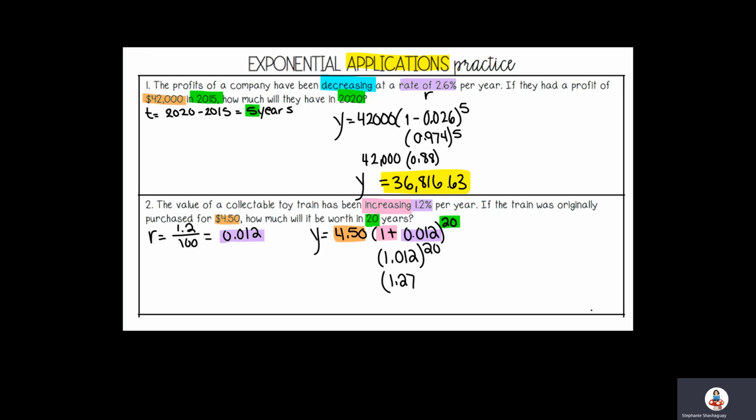So when I multiply 1.27 times $4.50, I get 5.71. So in 20 years, that toy train is going to be worth $5.71 instead of $4.50.